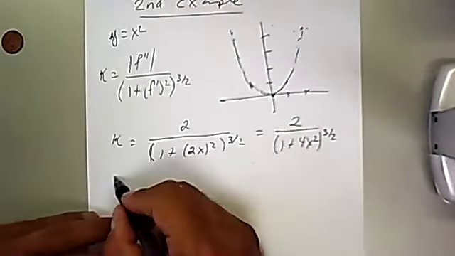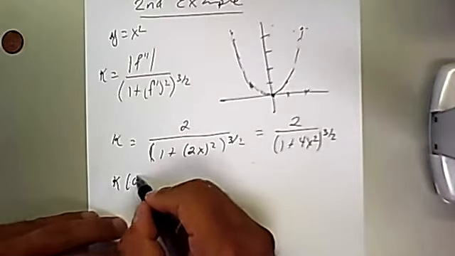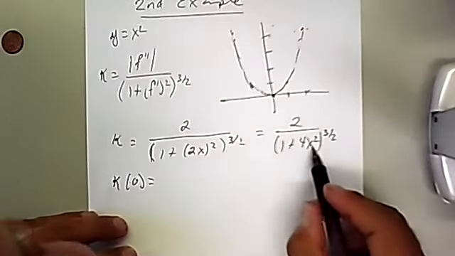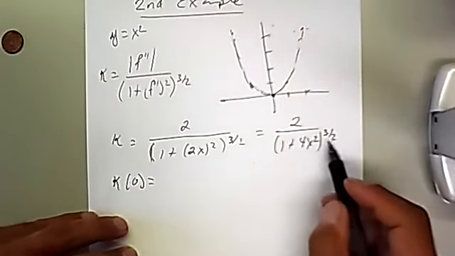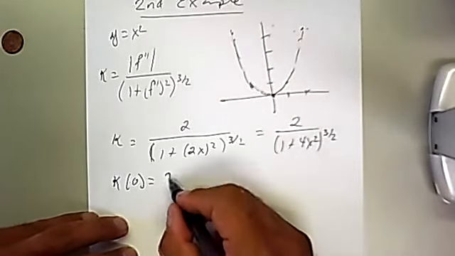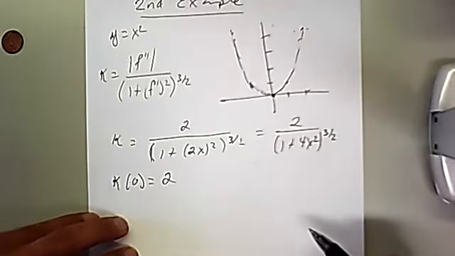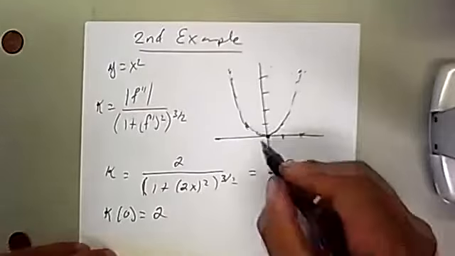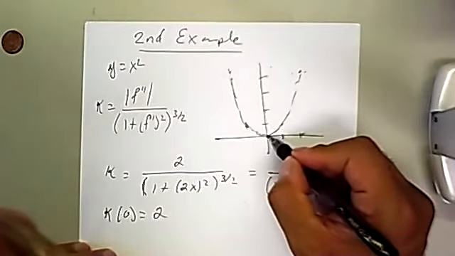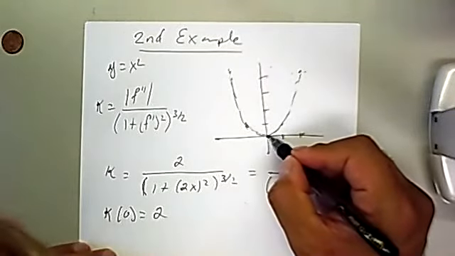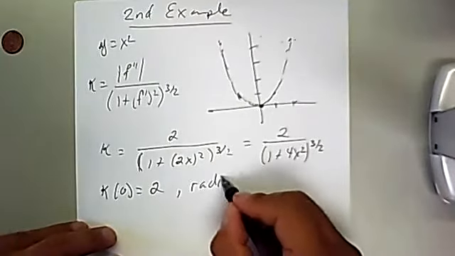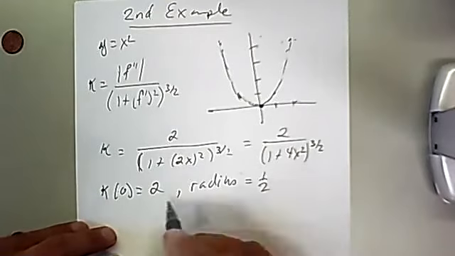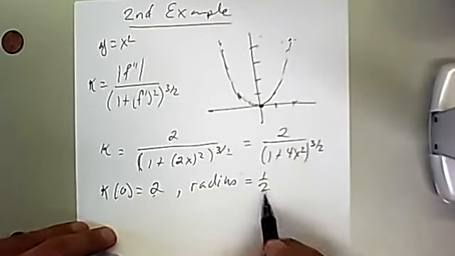Okay, let's find the curvature when x is equal to 0. So this guy vanishes, that would be 0. 1 to the 3/2 is 1. So we end up with 2 over 1. What does that mean? That means that there's a circle that approximates the parabola at this point, and the circle has radius the reciprocal of 2, a half.